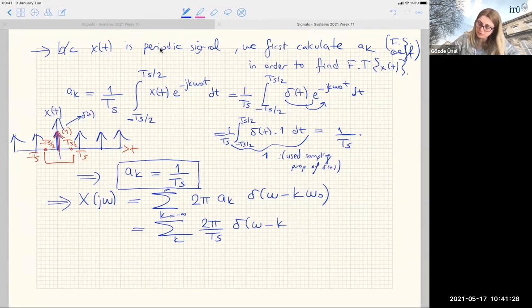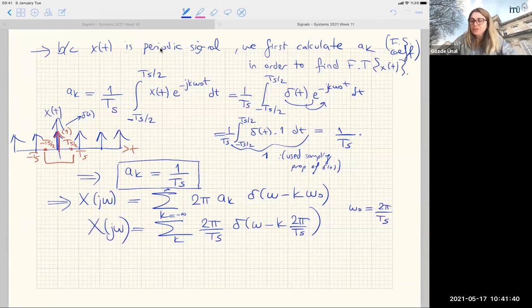Now let's insert it for this specific signal. Okay, so let's say omega 0 is 2 pi. So you see, guys, the Fourier transform is another impulse train in the frequency domain. That's the idea. So let's plot this guy.